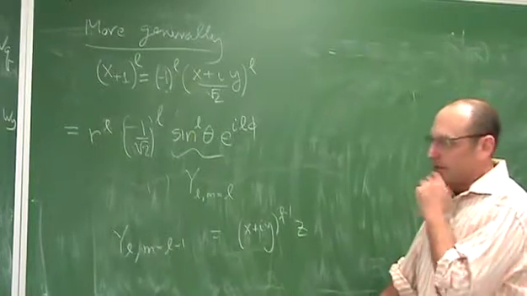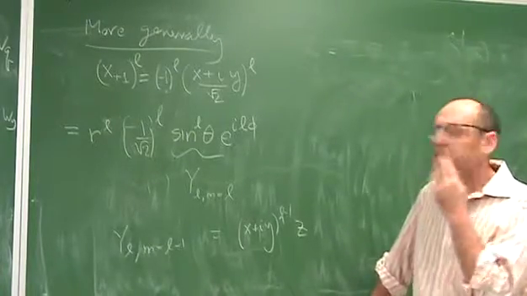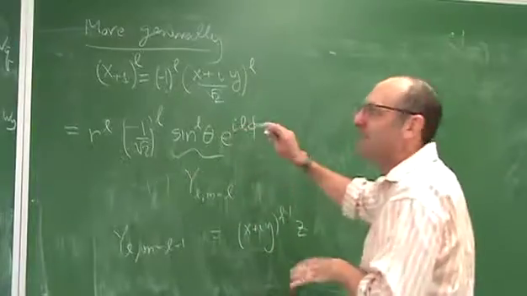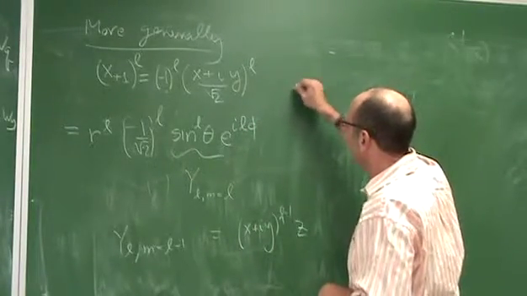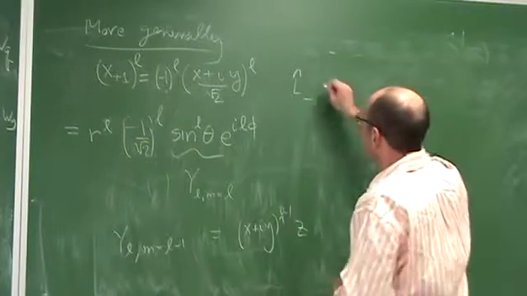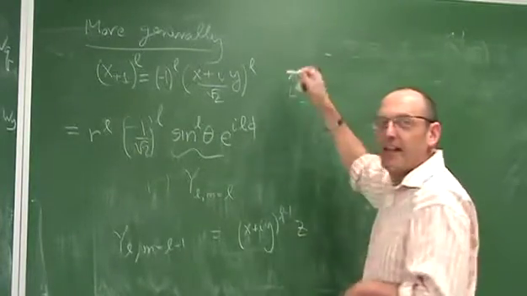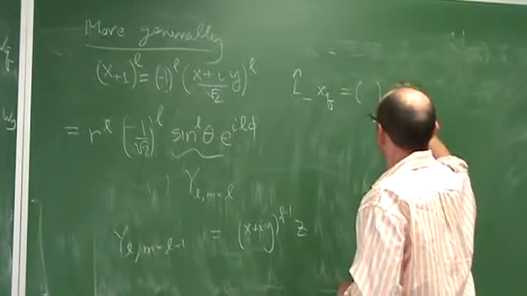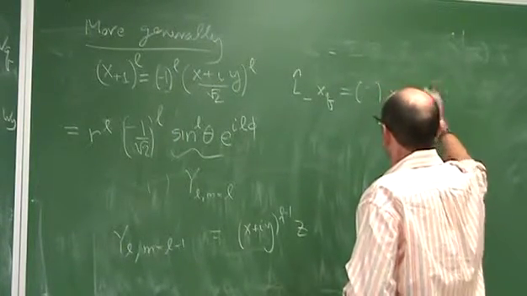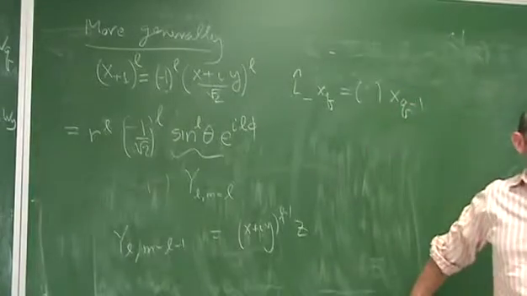Right. I still don't understand how I get Z in there. So that's it, yeah, that was a little fast. What I'm saying is that if I apply the lowering operator, this takes this with some constant, lowers this one value.